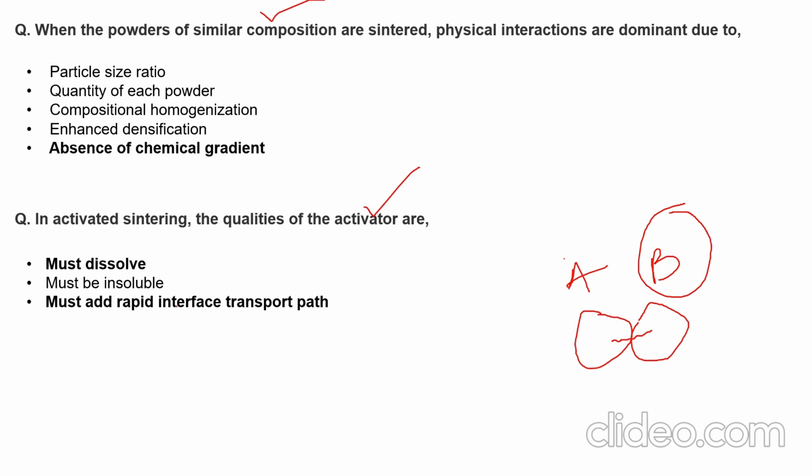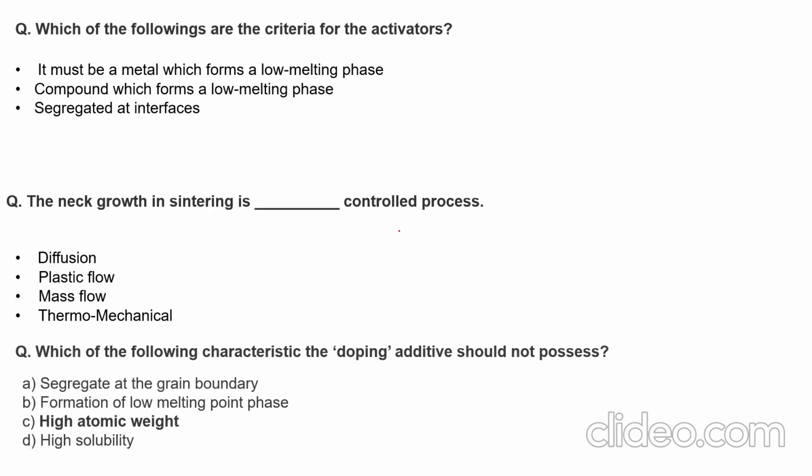It must not be insoluble, it should be soluble, and it must add a rapid interface transport path, which will definitely help in your densification process. So option A and option C are the right options.